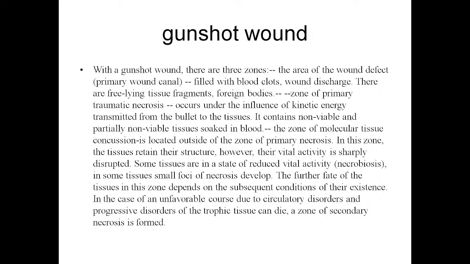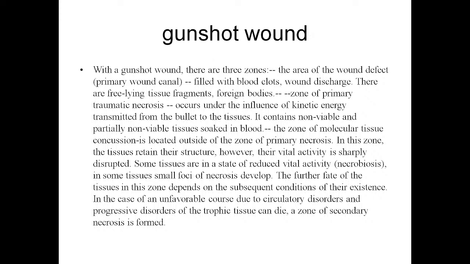There are free tissue fragments, foreign bodies, and a zone of primary traumatic necrosis, which occurs under the influence of the kinetic energy transmitted from the bullet to the tissue.